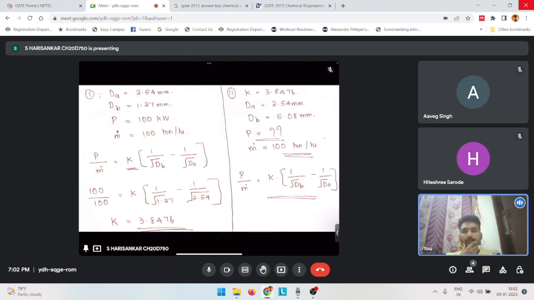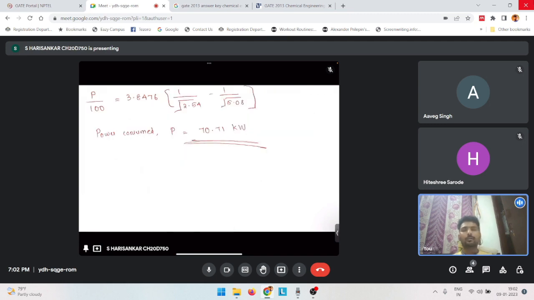Then we supplied this constant K to case 2, and using the values given for the next case, we found the power consumed for the second case, and that came out to be 70.71 kilowatt, which is roughly equal to 71 kilowatt.